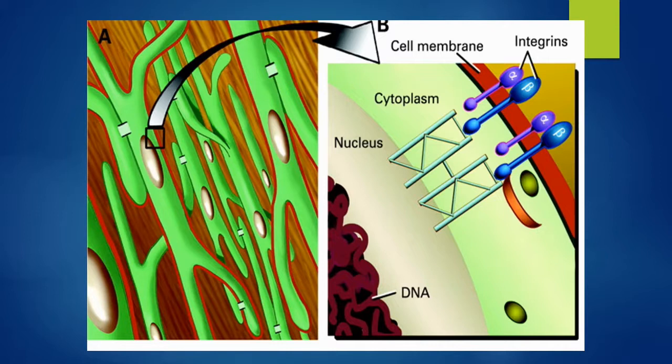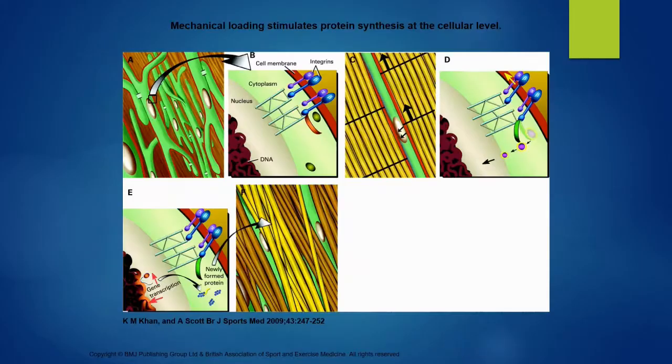Okay, so let's take a look at this phenomenon, and this phenomenon is referred to as mechanotransduction. And it's a very complex process, but we're going to simplify it for our purposes by simply stating that mechanical loading stimulates protein synthesis at the cellular level.